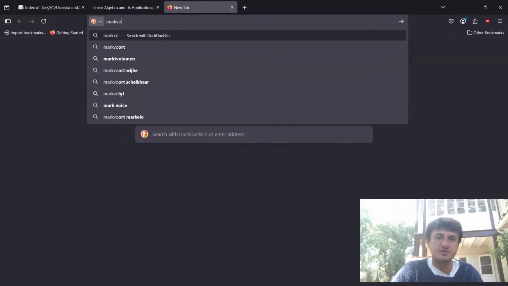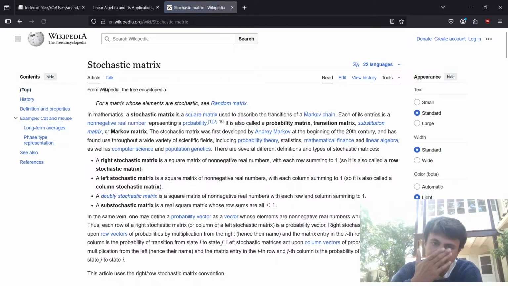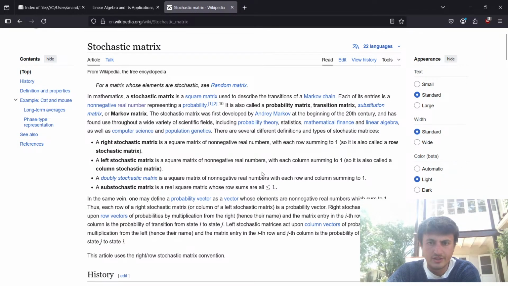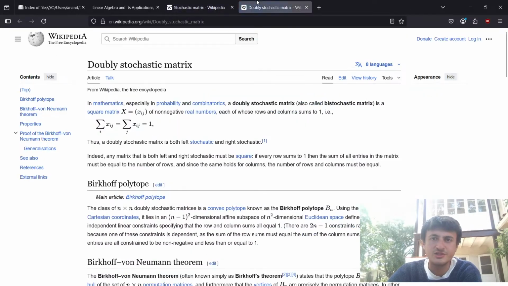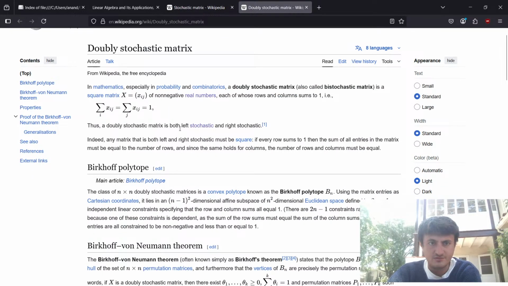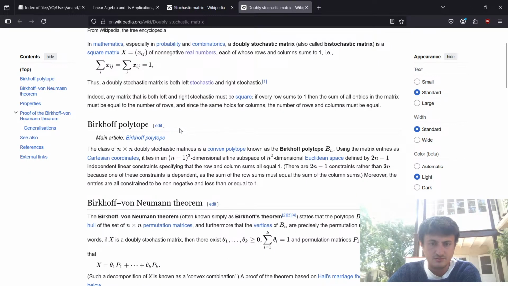They call it a stochastic matrix, and a left stochastic matrix is when... these are weird. Doubly stochastic matrix. I'd like to look into that. That's pretty interesting.